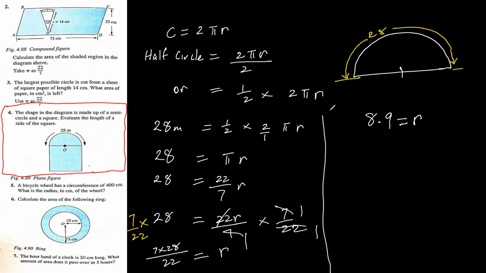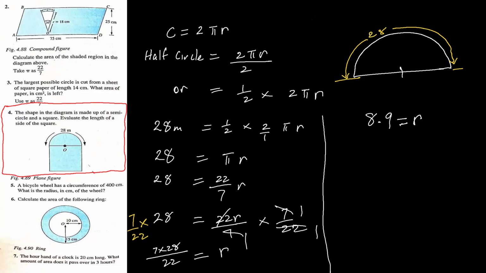No. Circumference is the distance around a circle, but the 28 is the distance around half of the circle. So we had to divide circumference by 2. Okay, so circumference is only for a whole circle. Correct. So since they gave us a semicircle, we had to divide by 2.